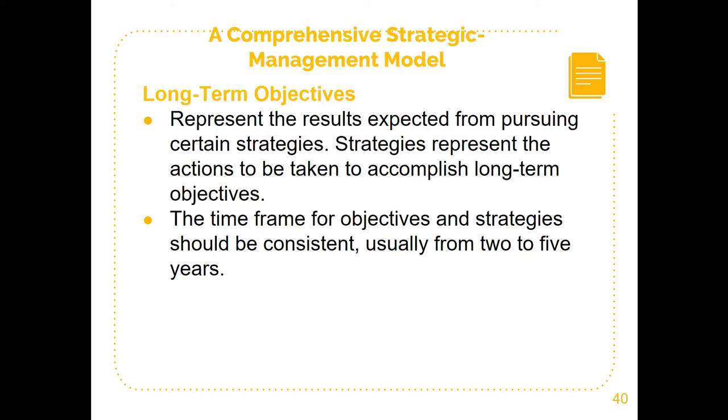If you say long-term objectives, usually the time frame would be from 2 to 5 years. So objectives, of course, should be quantitative, measurable, realistic, understandable, and also, what? Challenging. It should be hierarchical.